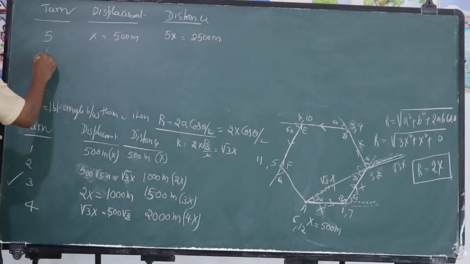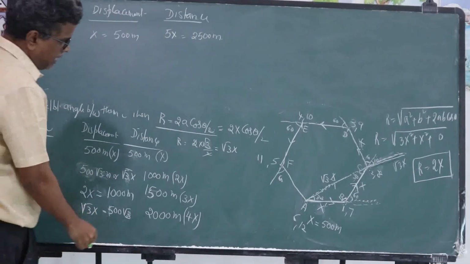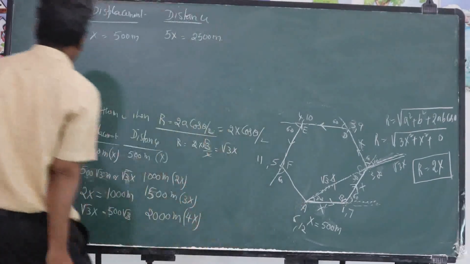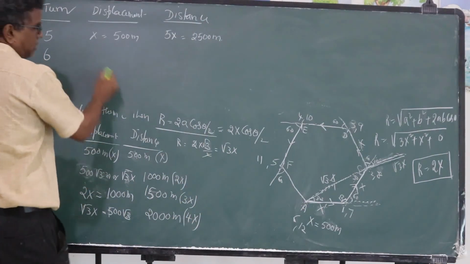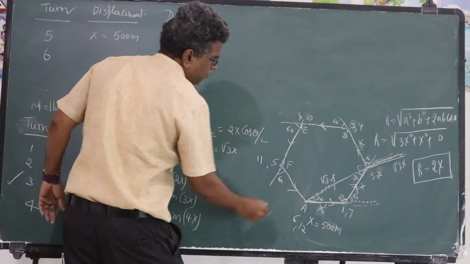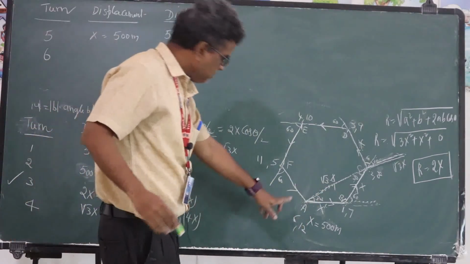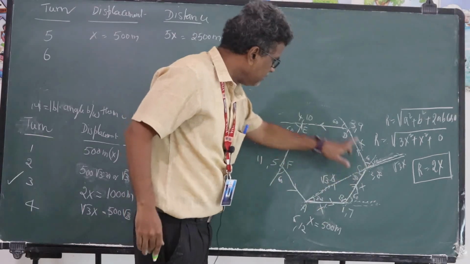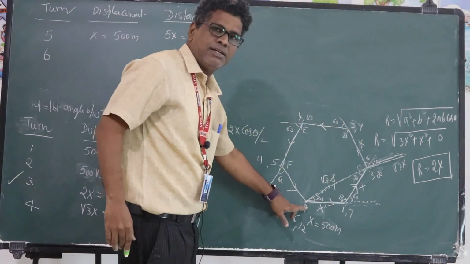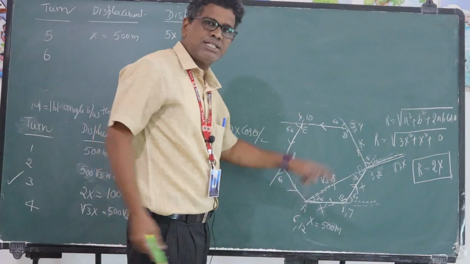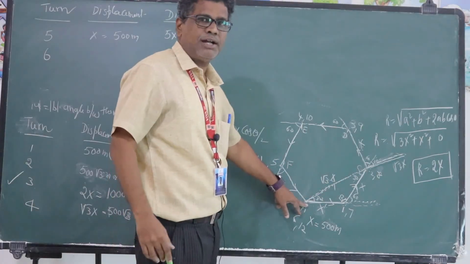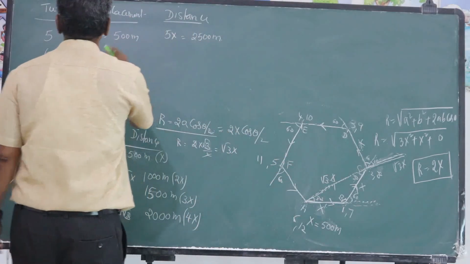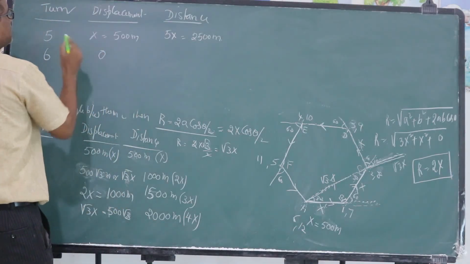After the sixth turn, again he reaches here, the starting point. After first turn, second, third, fourth, fifth, sixth, that means after six turns he reaches the starting point. So the displacement is 0.